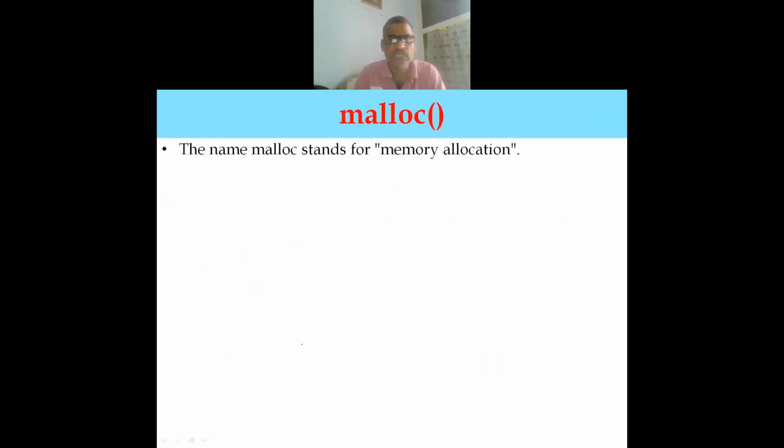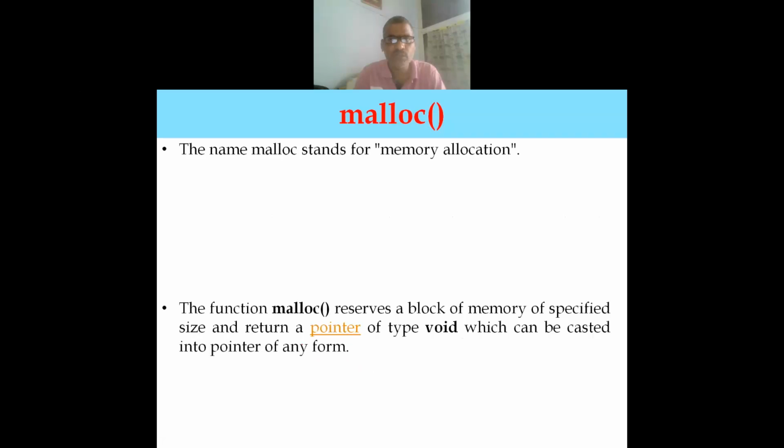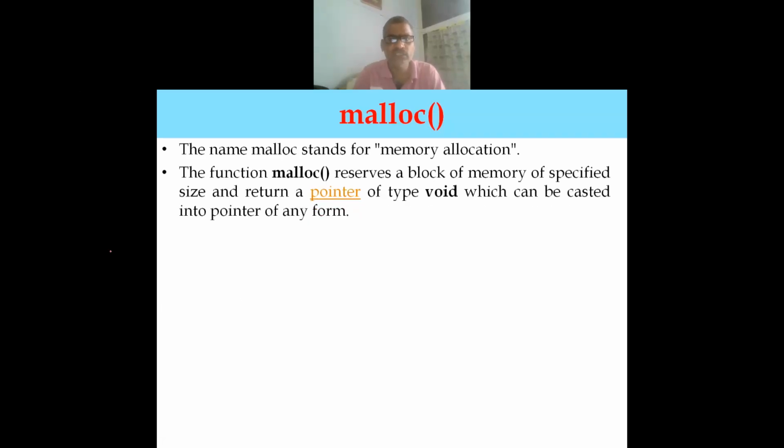Now, malloc stands for memory allocation. This function reserves a block of memory of the specified size and returns a pointer of type void, which can be converted to a pointer of any form. The syntax of malloc is: ptr equals, typecast, malloc of the size you have to specify.